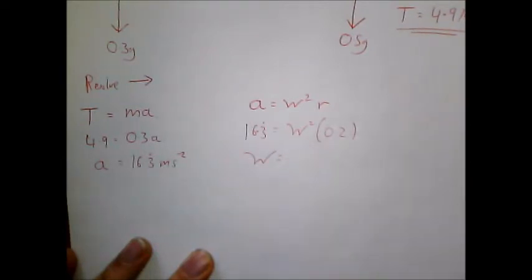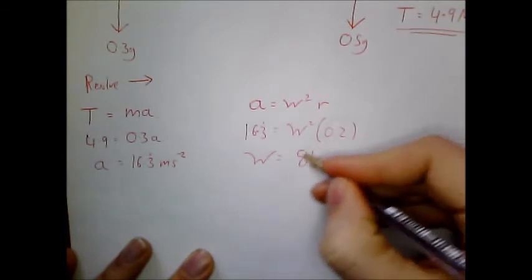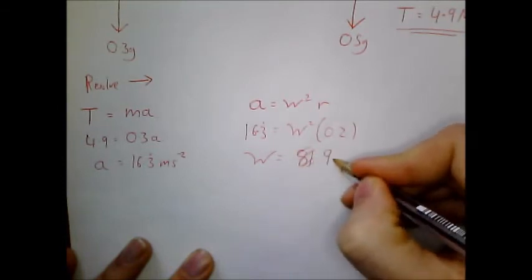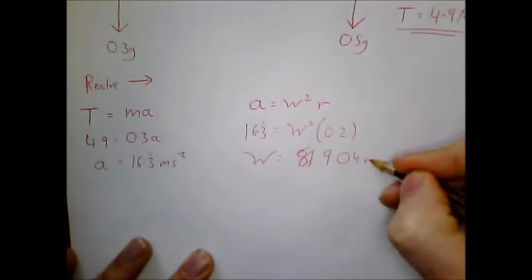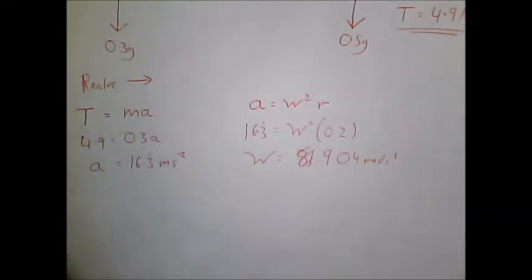So omega, or the angular velocity, is 9.04 radians per second. And that is part 1 done.